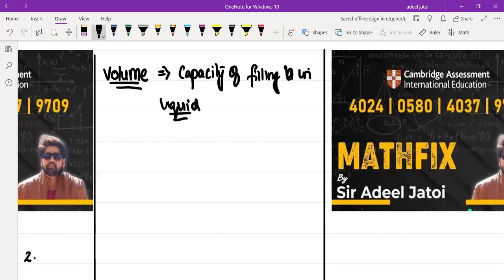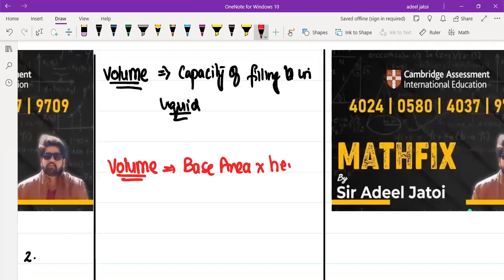So there's a basic formula of volume. It is base area into height. Now this will be used in most or all the different shapes.